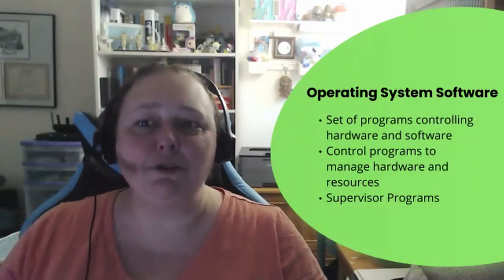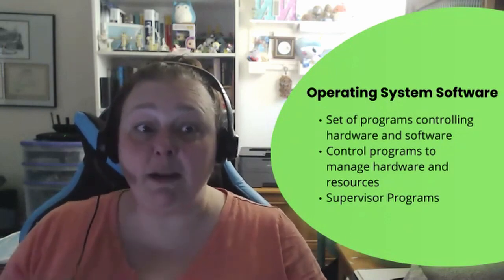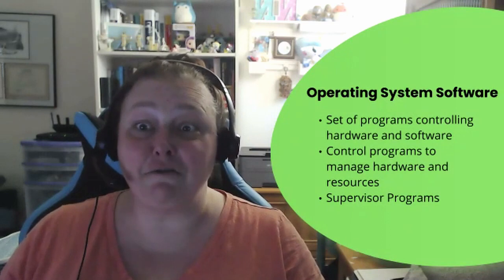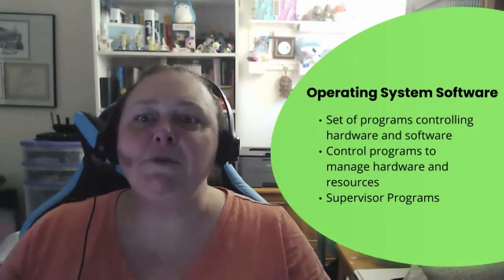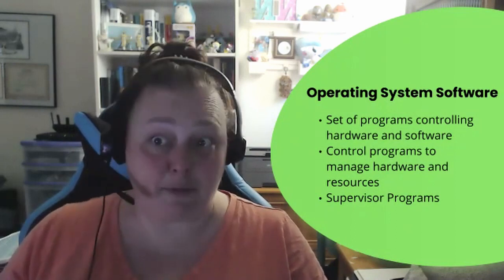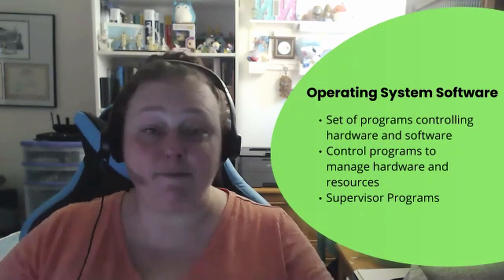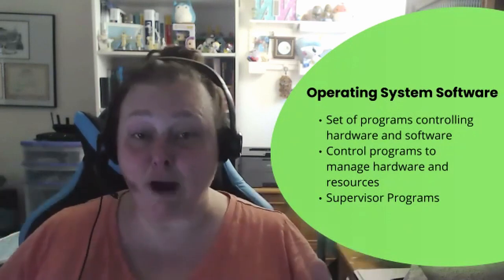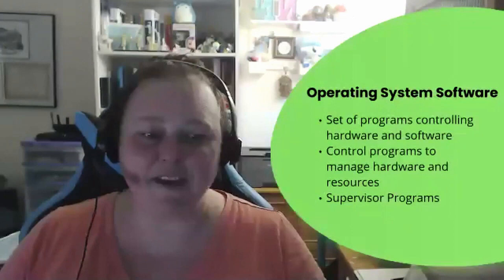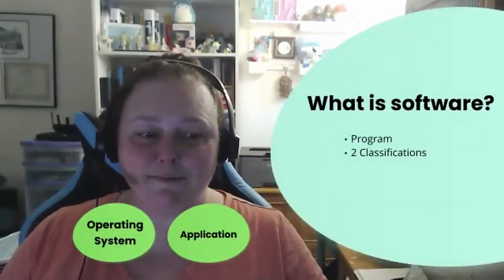It can do job management, resource allocation, data management, communication. It is responsible for controlling all of the other programs in the operating system. It is going to supervise and make sure everybody's running properly and everybody's happy. So that in a nutshell is what your operating system software is.